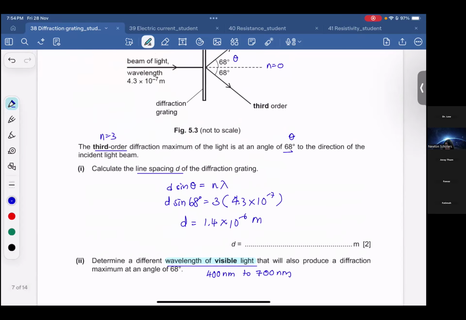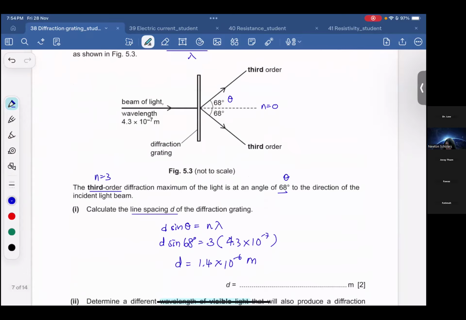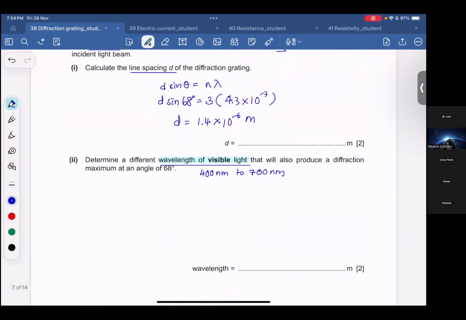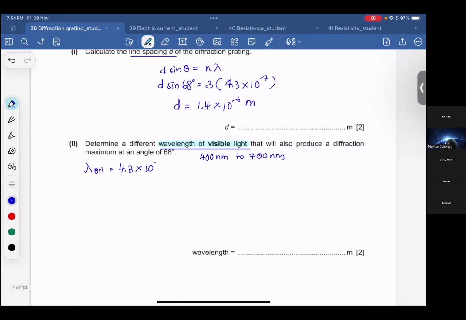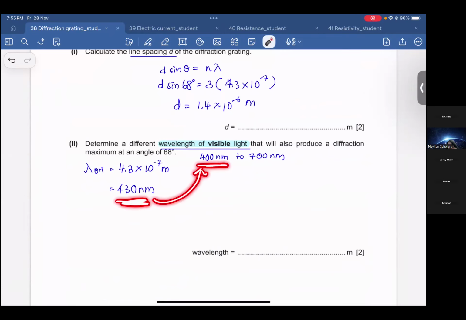The original wavelength is 4.3 times 10 to the power of negative 7 meter, that means 430 nanometer. So the original wavelength is almost near 400 here. We want to propose another different wavelength of visible light. We must increase the wavelength.